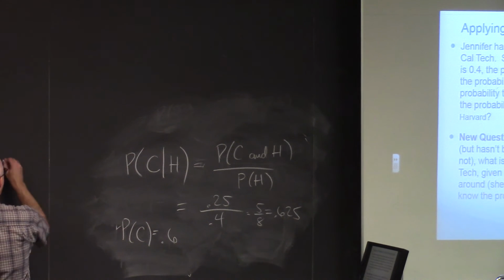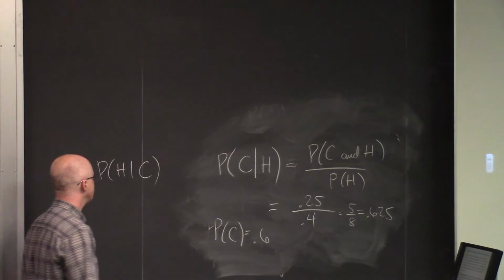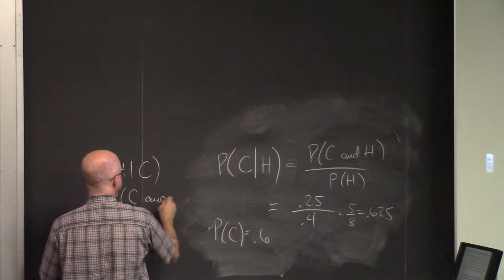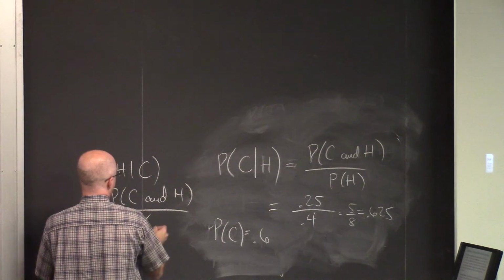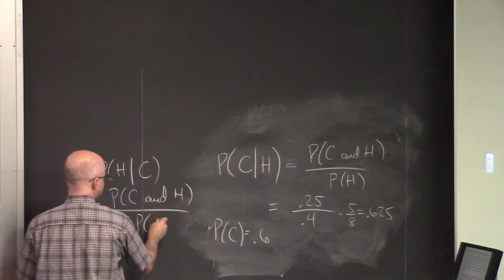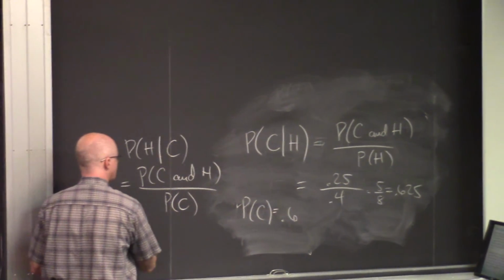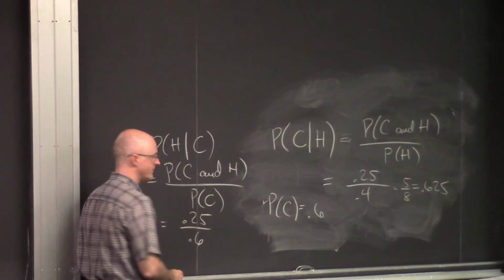What about the other way around? What if she knows she's been admitted to Caltech and wants to find the probability of being admitted to Harvard? The formula is the same, except, careful, you need to realize you are given that she's been admitted to Caltech, so on the bottom you've got to put a P of C instead of a P of H. The top is still 0.25, the bottom is 0.6 now.